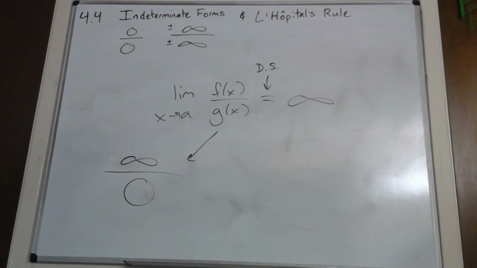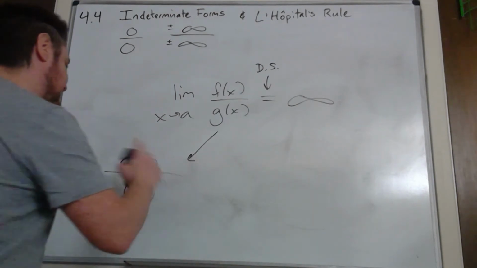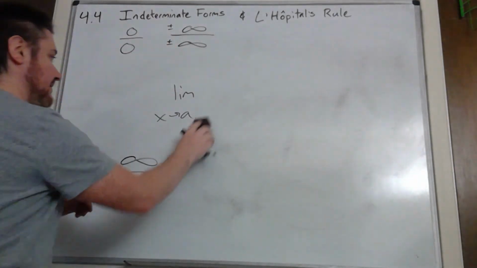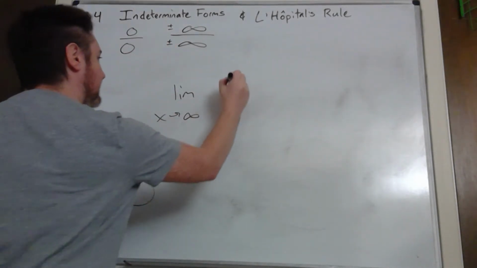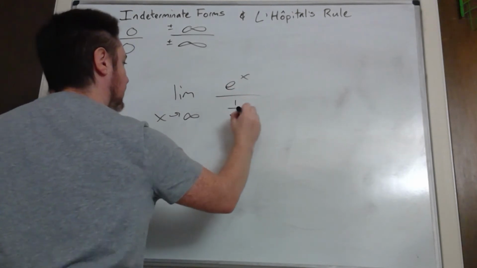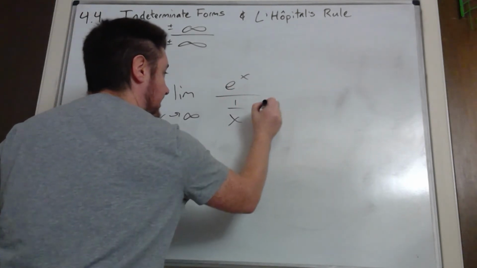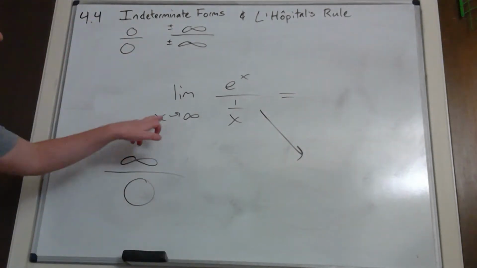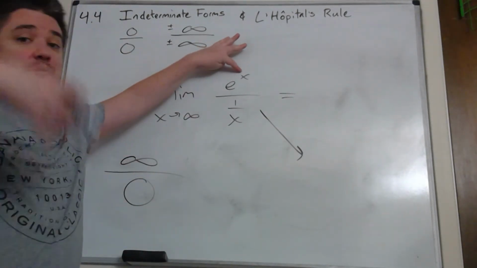So, for example, let's say I had the limit as x approaches infinity of e to the x over 1 over x. All right. So I'm using this arrow because I don't want to say equals, because I want to write equals number. But as x goes off to infinity, e to the x is growing off to infinity, right?